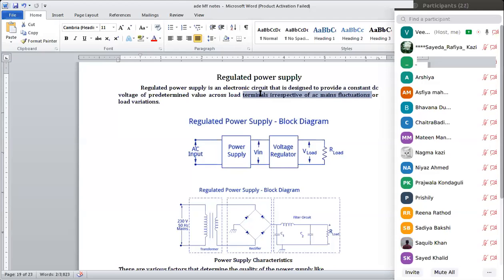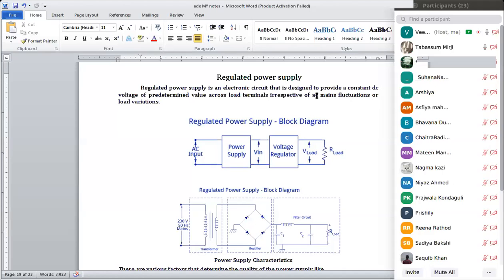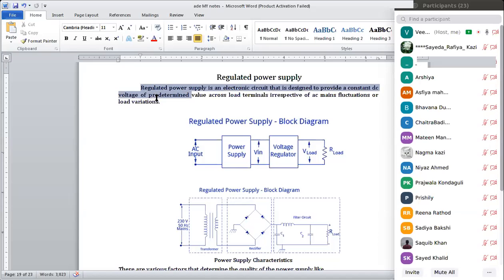Whatever the AC input fluctuations may be, I will get the load output exact, or with very few millivolts variation. That is a regulated power supply.